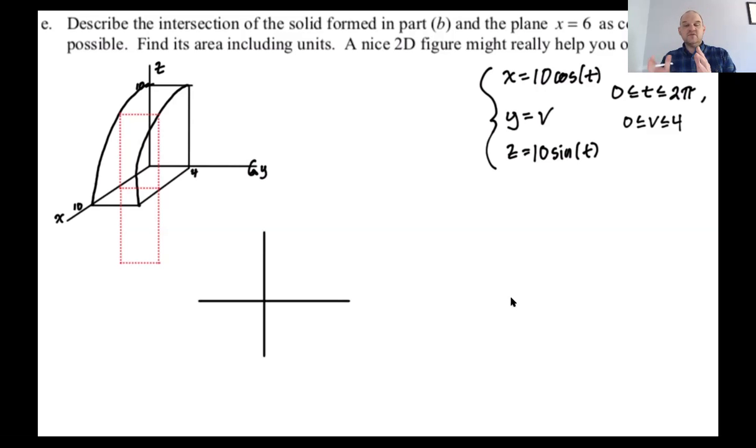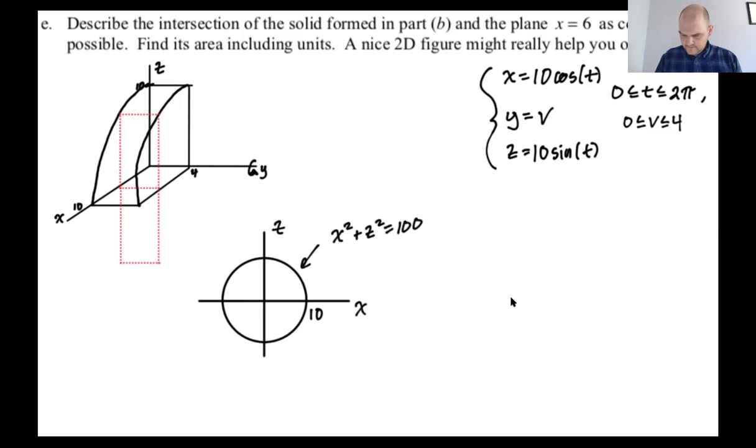the trace of the surface in the XZ plane is a circle. So let me fill that in. It's a circle of radius 10. So this is X and this is Z, and this is 10. The equation of that is x squared plus z squared equals 100.